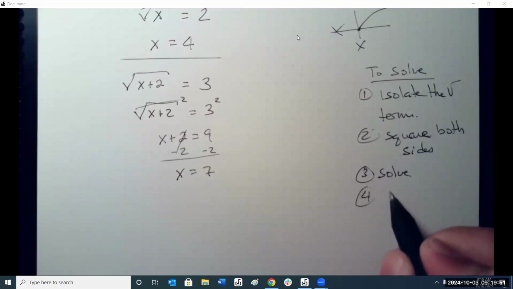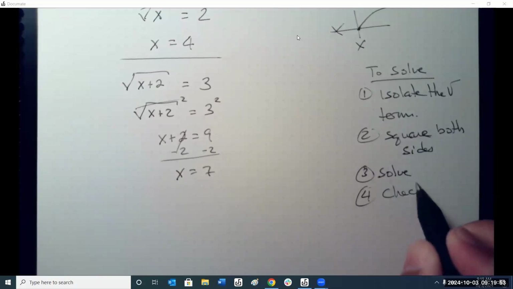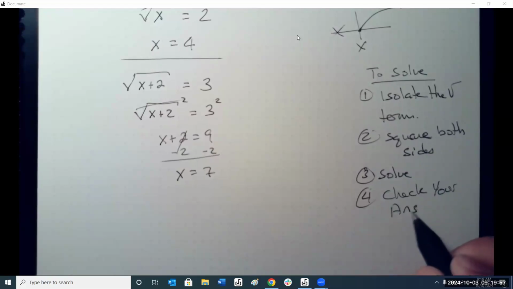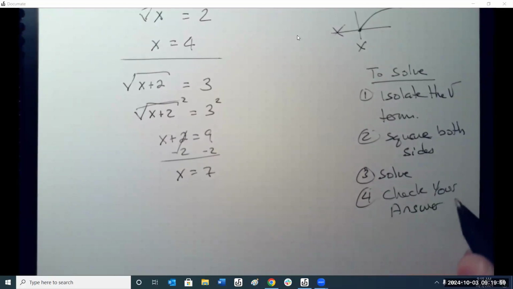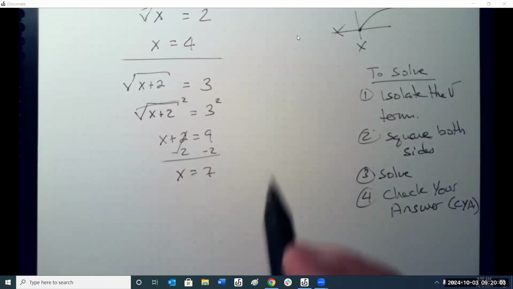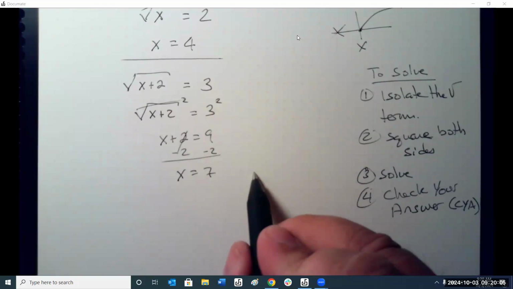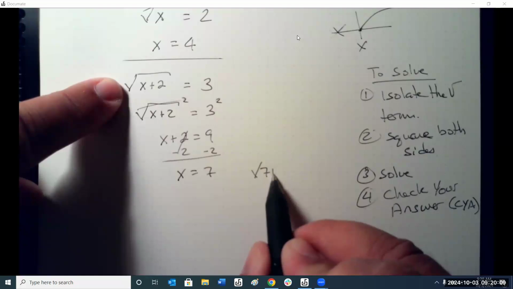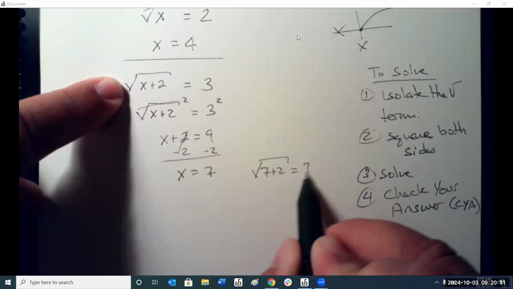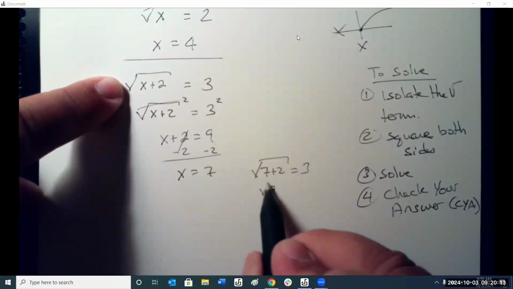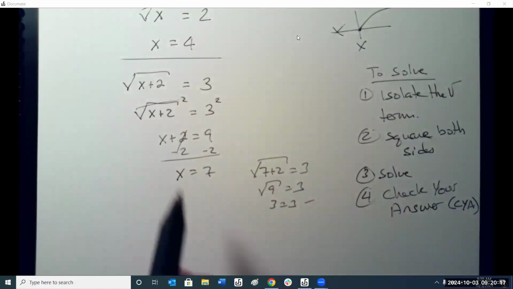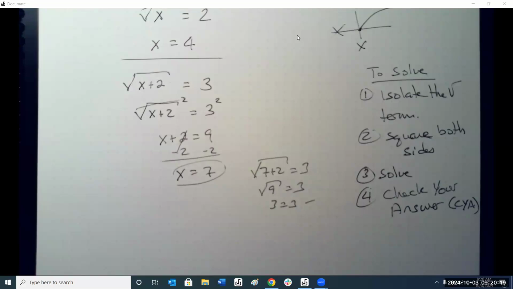And then check your answer. Our original equation was square root of x plus 2. So if x is 7, 7 plus 2 equals 9, square root of 9 equals 3. So check, it works. So this is our legitimate answer.